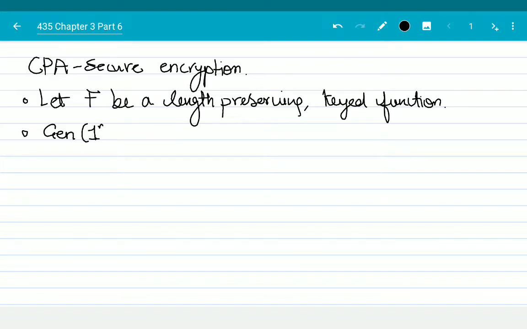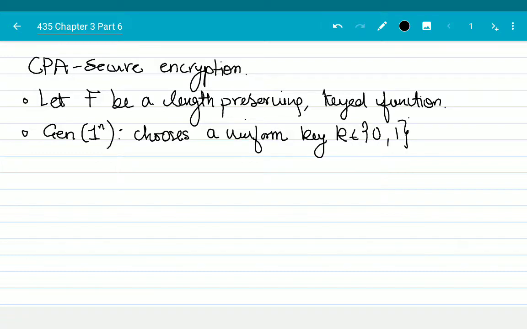We feed the generator the input 1 to the n, which is just 1 repeated n times, so that it knows what n I am looking at. It chooses a uniform key k, which is of length n in that case.